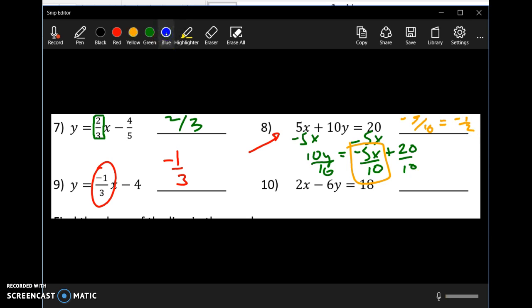For this other one, I would want to do the same thing. I'd want to get it to slope-intercept form so I knew what the slope was. We divide this one by -6.